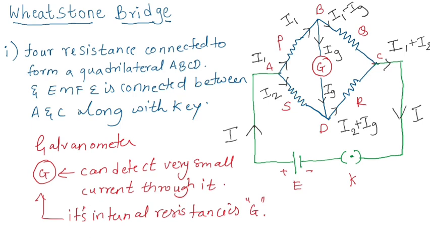An EMF is connected across the points A and C. You can see it, and between point B and D, there is a galvanometer.